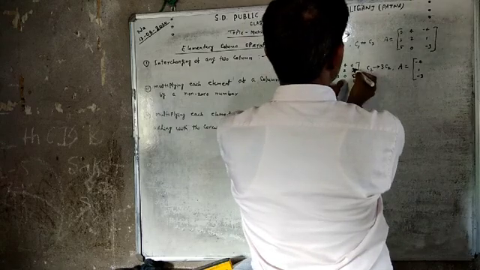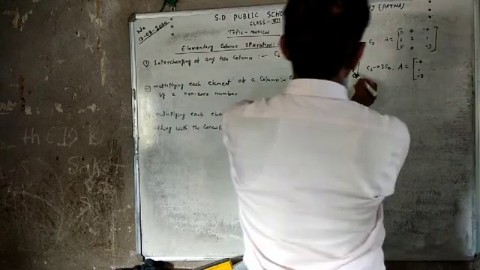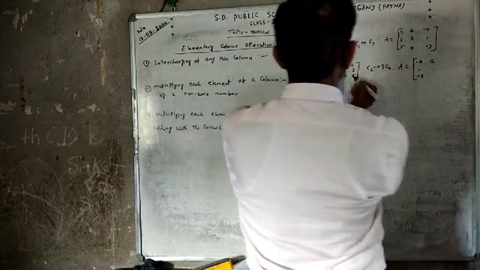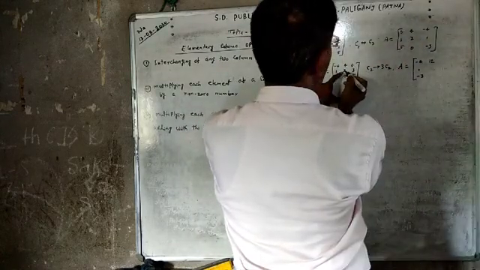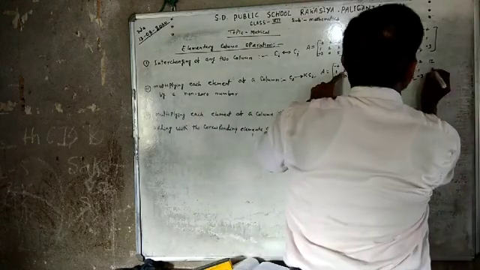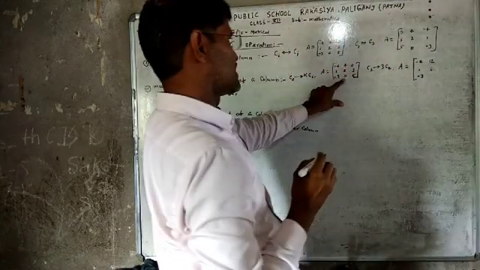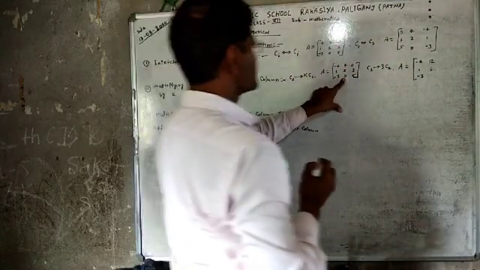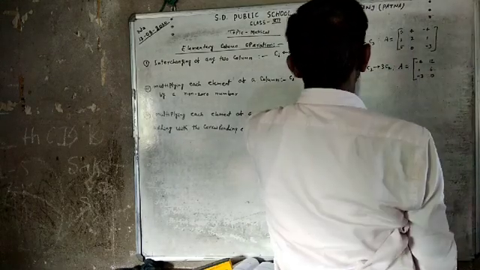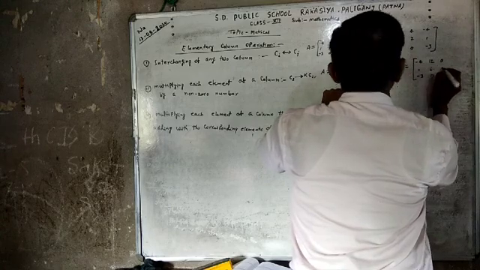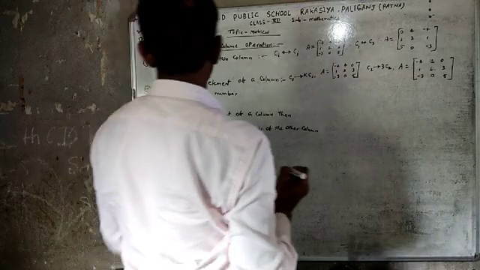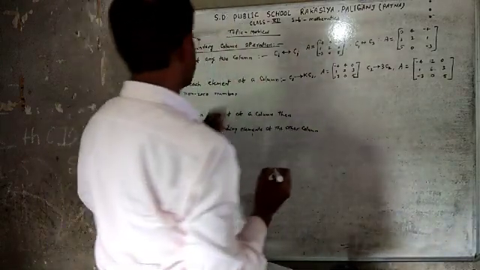The first element of the second column is multiplied by 3, meaning 4 into 3, 12. The second element, 2 into 3, means 6. And the third element of the second column is also multiplied by 3, meaning 3 into 0, 0. The third column will not change: 0, 3, and 5. The second column operation is completed.